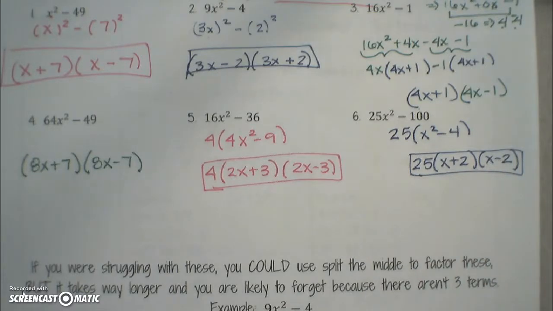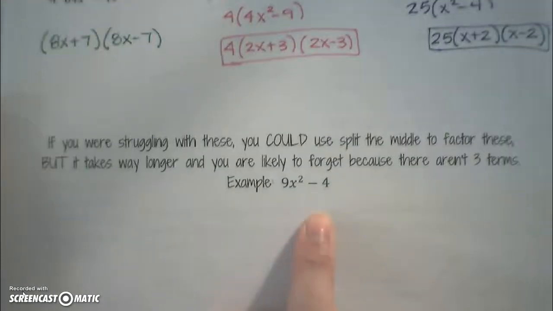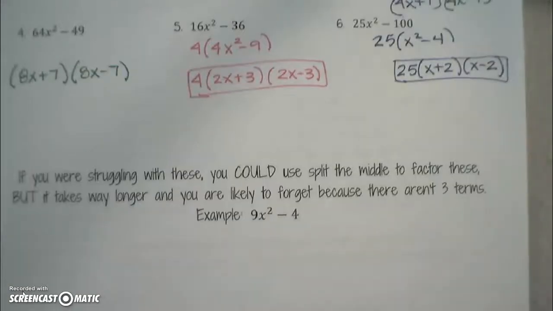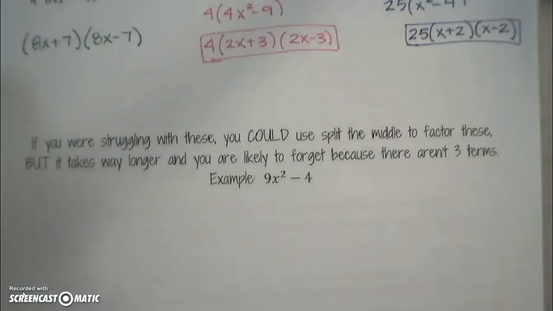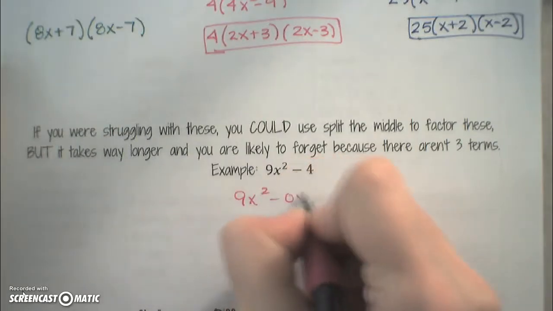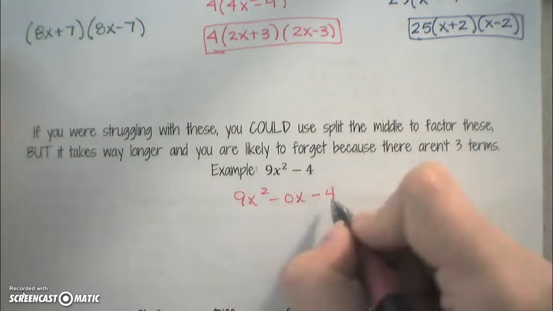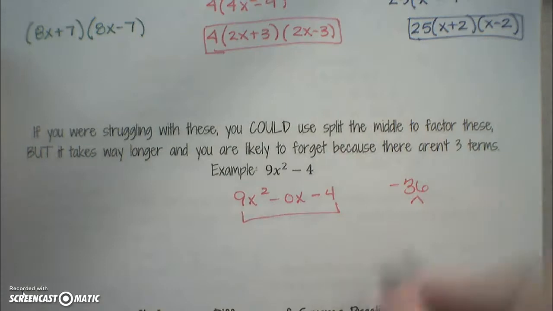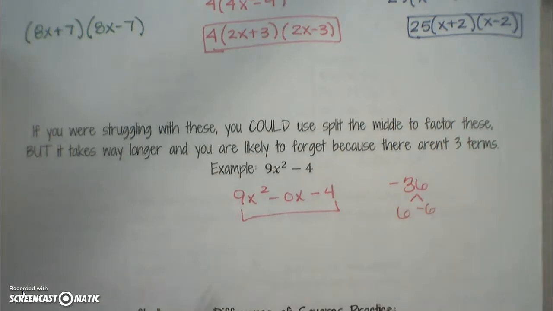All right. So again, if you were struggling with these, you could split that middle factor. I showed it to you up above already, and I could show it again really fast if you still need to see another example. So 9x squared minus 0x minus 4, factors of negative 36 that would add to get 0, 6 and 6, one of them negative.